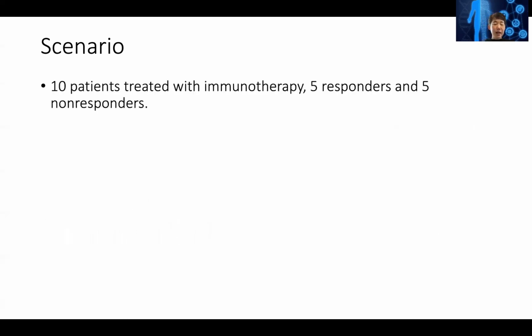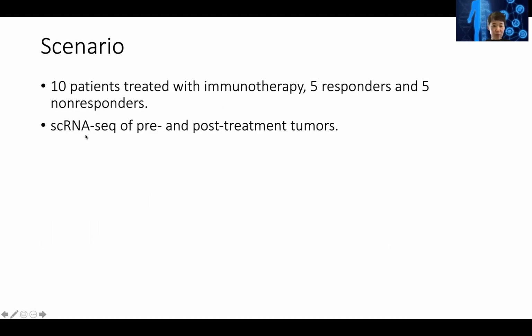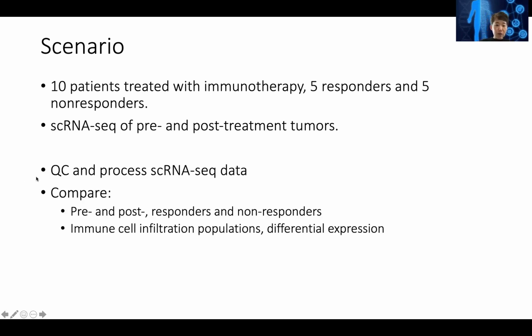And so the last scenario I want you to go back and think about again, same thing. So we have 10 patients with immunotherapy, 5 responders, 5 non-responders, and you have generated single cell RNA-seq of pre and post-treatment tumors. So 10 patients each before and after immunotherapy treatment. And so again, you first want to do your standard QC, and then you want to do the comparison before, after treatment, responder, non-responders.